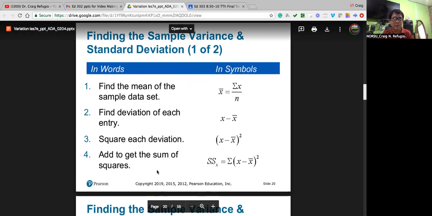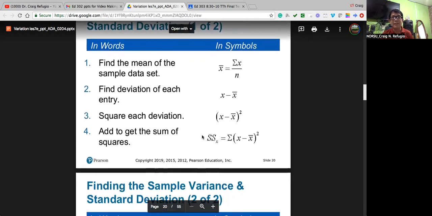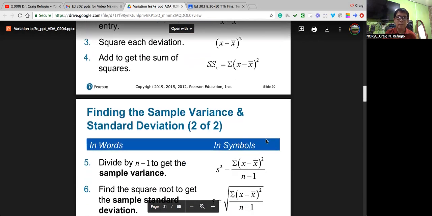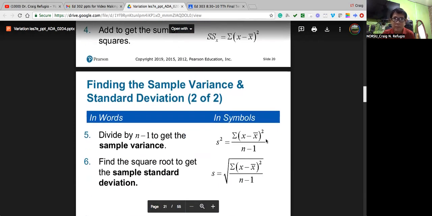Add to get the sum of the squares, SS sub x, which is the summation of quantity x minus x bar squared, the sum of all the values of x minus x bar squared. Then, step 5, divide by n minus 1, where n is the total sample size and the 1 is a constant, to get the sample variance.